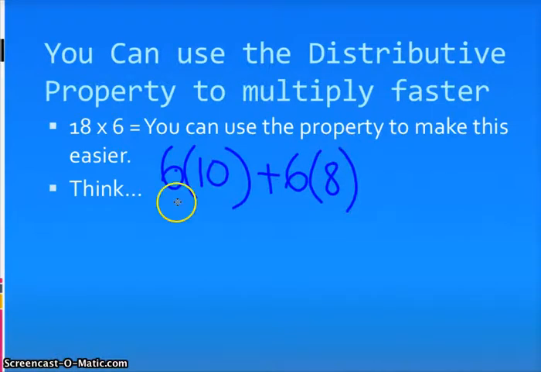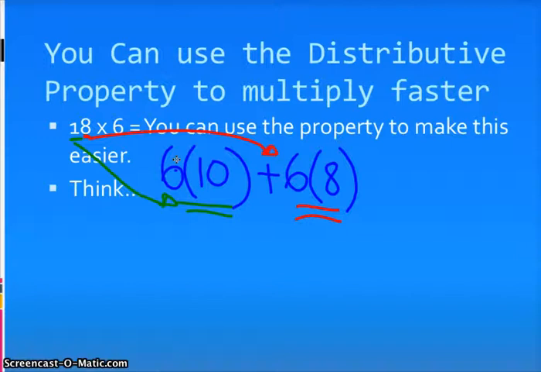Where does this come from? This 6 times 10 comes from the tens spot, and our 6 times 8 comes from the 1 spot. So the 10 is from the 10 spot, the 8 is from the 1 spot.